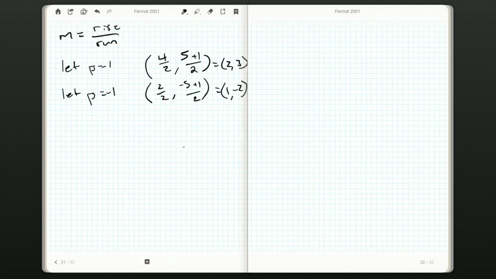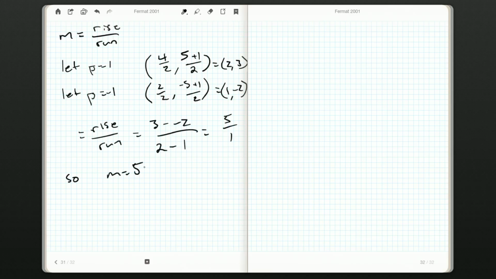Okay. So we want to do rise over run here. Well, that's the difference in our y coordinates, so 3 minus -2, over the difference in our x coordinates, so that's 2 minus 1. So that's 5 over 1. So m is equal to 5.